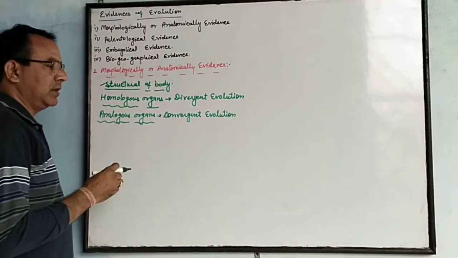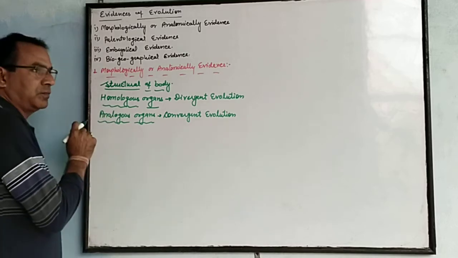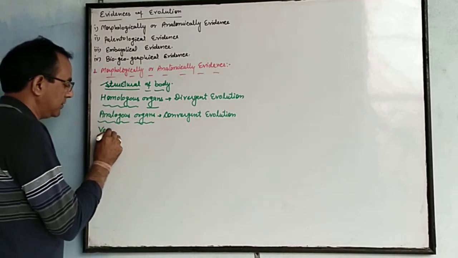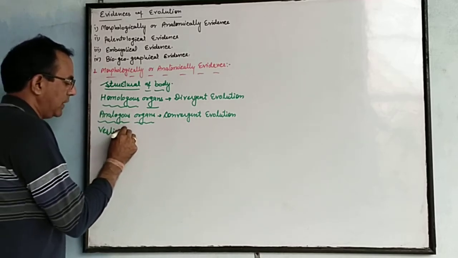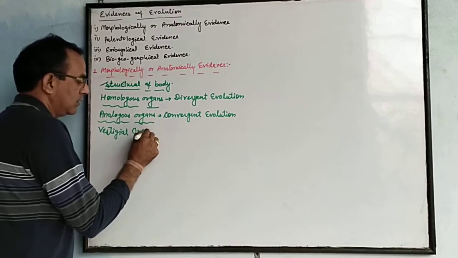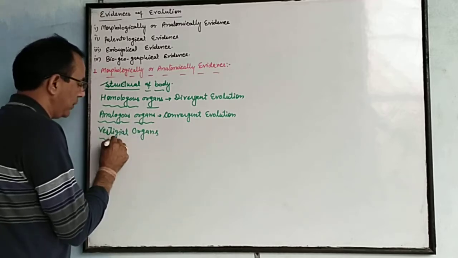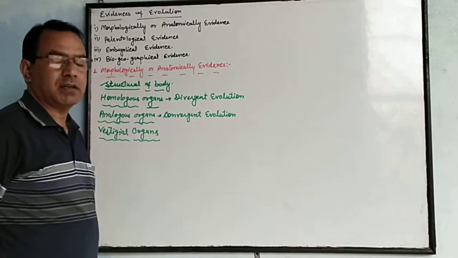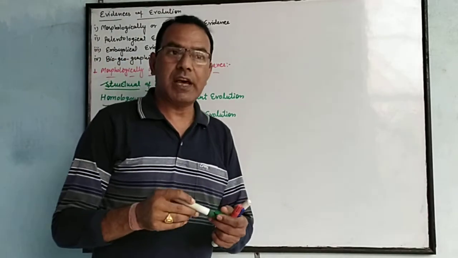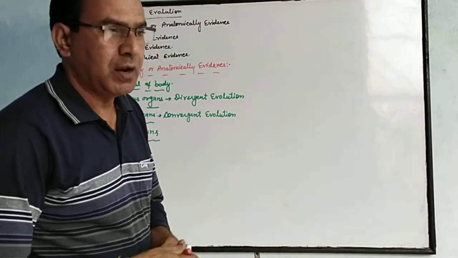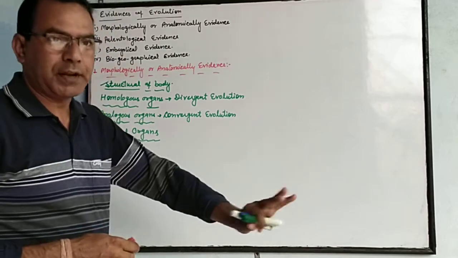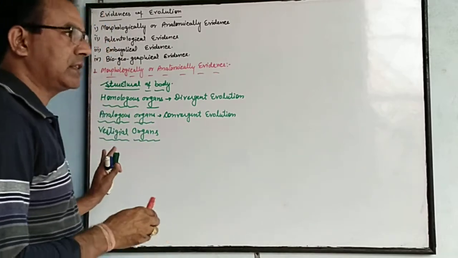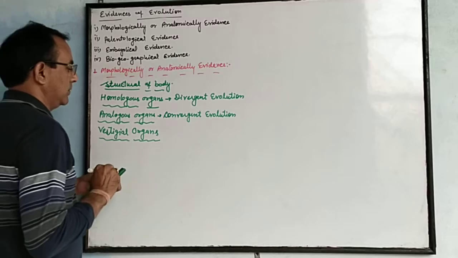In this part we will discuss another type, vestigial organs. Vestigial organs are the organs which are found in the body of an organism but remain non-functional, they do not perform any function. Those organs are called vestigial organs.